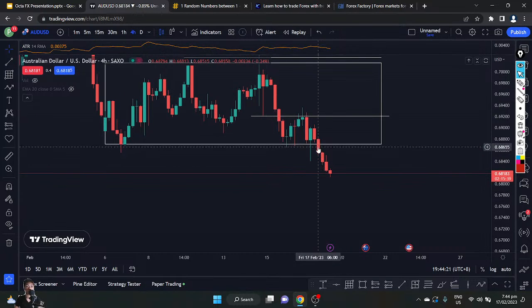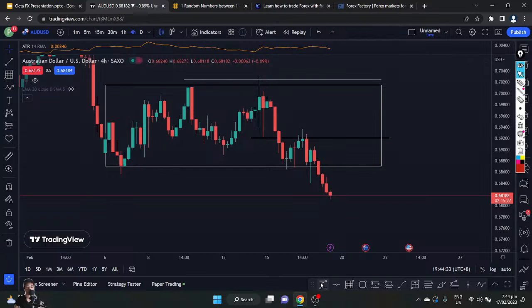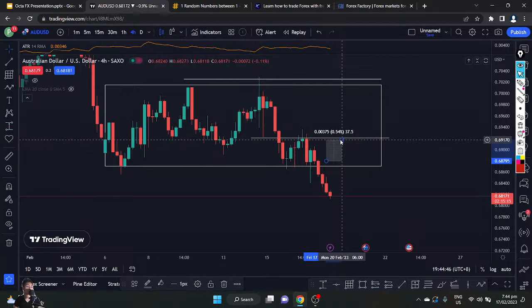And let's say you took a short trade right here. All you have to do is use your ATR, hover your mouse around the entry candle, and as we can see, we have 37.5 pips for our stop loss. So what you can do is copy the ATR value above your entry candle. It is 37.5. By the way, you can't go below 37.5, but you can go above.